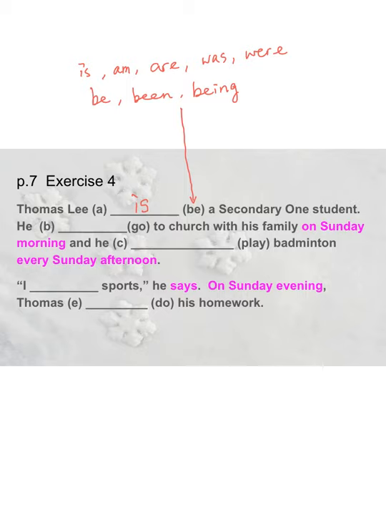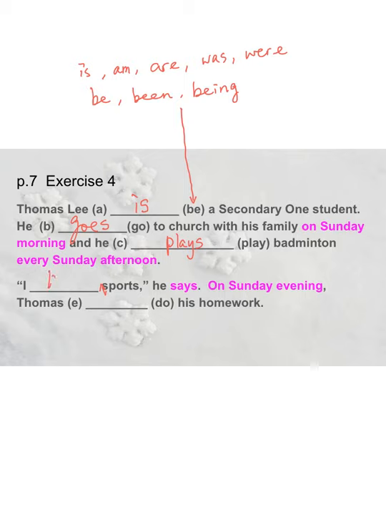Thomas Lee is a secondary 1 student. He goes to church on Sunday morning and he plays badminton every Sunday afternoon. Okay, the given verb is missing.